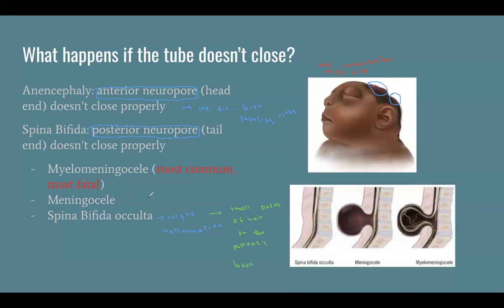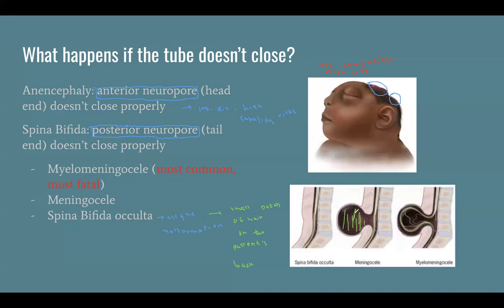And then meningocele. Meningocele is basically when there's a small outpouching from the spinal cord, right? In your spinal cord, you have a cavity that surrounds it, and what happens is that cavity bulges outwards. Honestly, this is a little problematic because you're going to put a little bit of pressure on the spinal cord, and it's filled with cerebrospinal fluid.